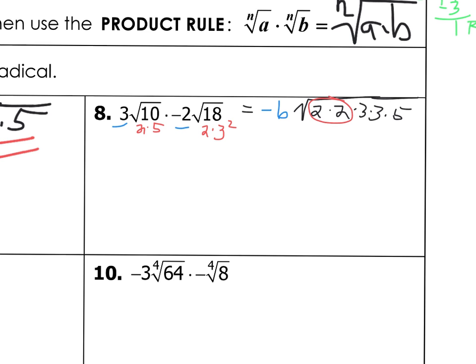So here's one group and 2 groups. I'm going to have a 2 times a 3 come out in front and multiply to that negative 6. And then that 5 is going to be left over. So 2 times 3 is 6, 6 times negative 6 is negative 36, square root of 5. And that's it.